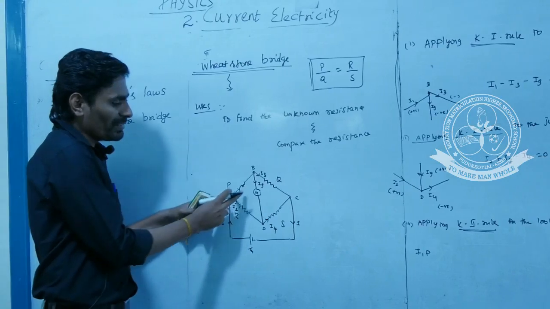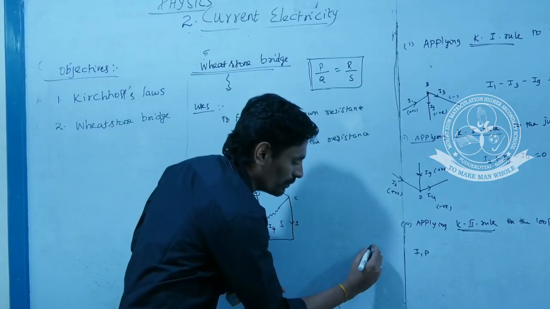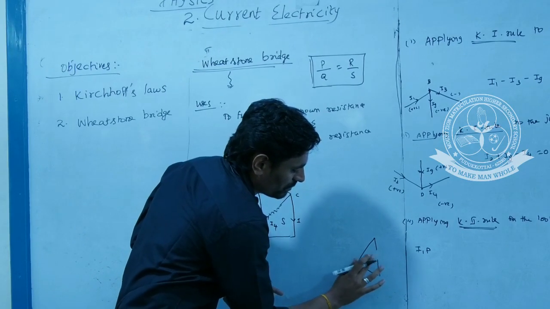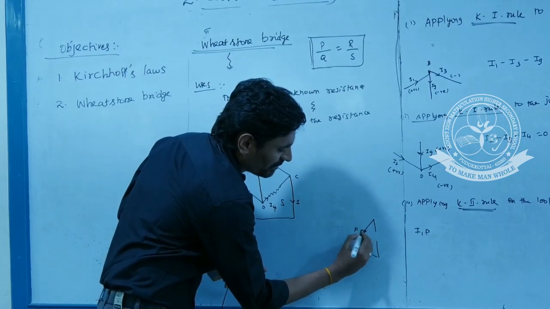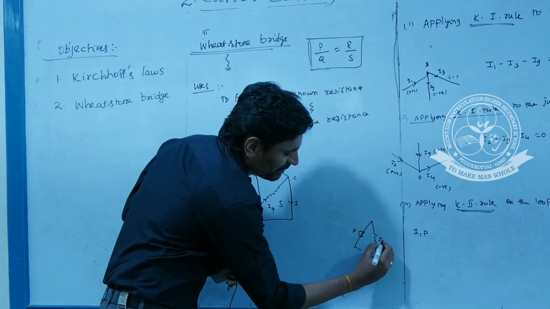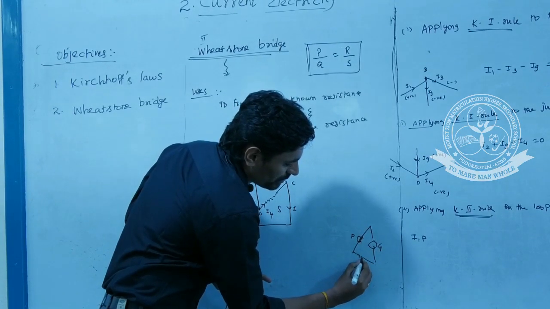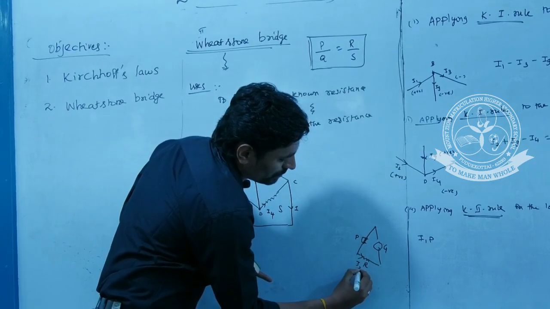So I1P. Going from A to B, the current is entering, so consider this loop. There is resistor P, the galvanometer with Ig and resistance G, and resistor R with I2.